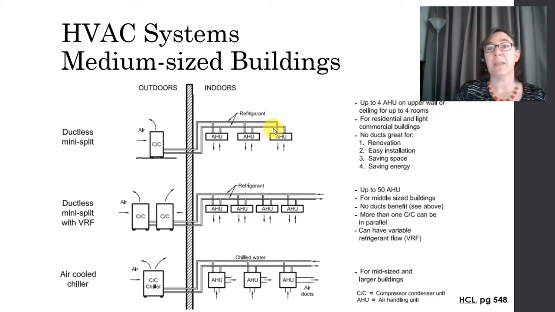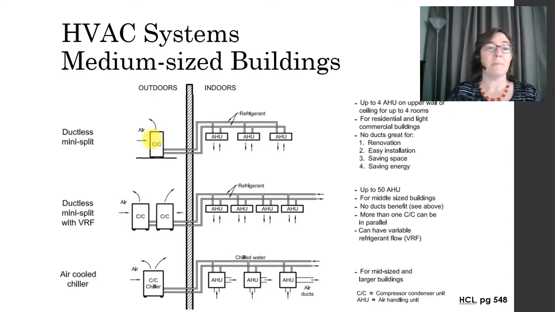This ductless mini split is really on the smaller side of things for homes and light commercial buildings. And kind of the downside of it is that you have to provide multiple air handling units, and each compressor and condenser system is really only good for a couple of them, up to four air handling units. So you might need multiple of the compressor and condenser systems.